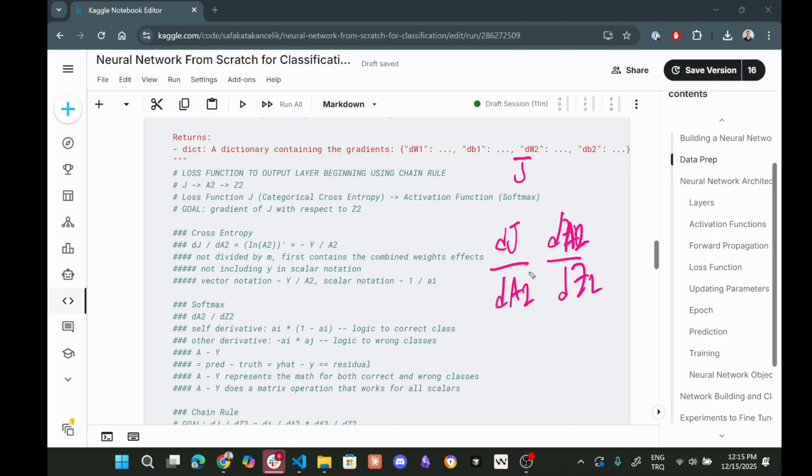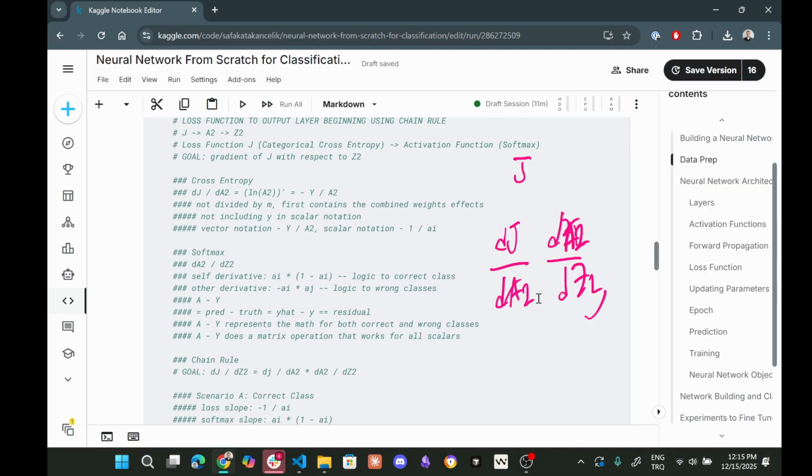So the chain rule cancels these two and gives me directly the derivatives for the dZ2. And then I divide them into the weights and biases.